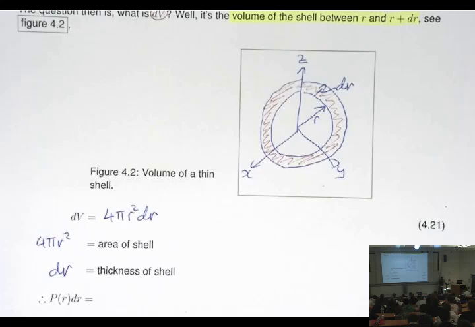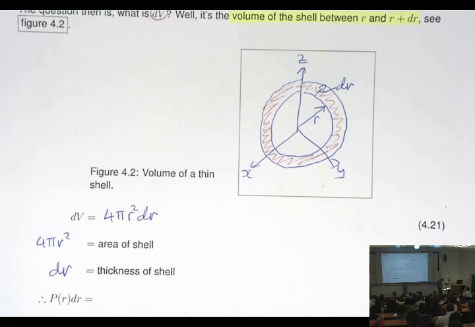Which means that I can now work out what the radial probability density is. It's the probability of finding an electron at some distance r times the total volume at that distance r. It's kind of like a weighting factor. As you get further away, the probability drops off because this wave function dies off exponentially, but there's more and more space in which to find your electron.